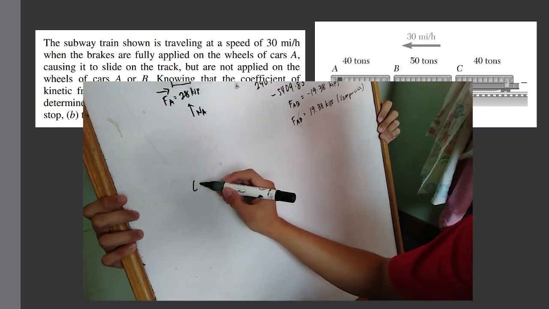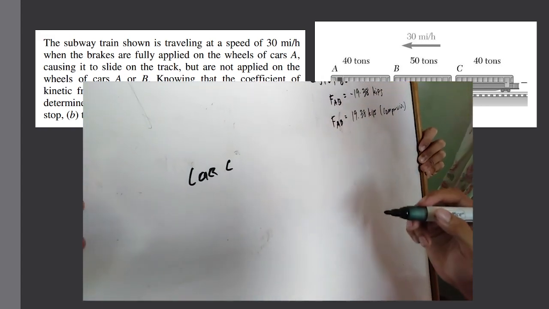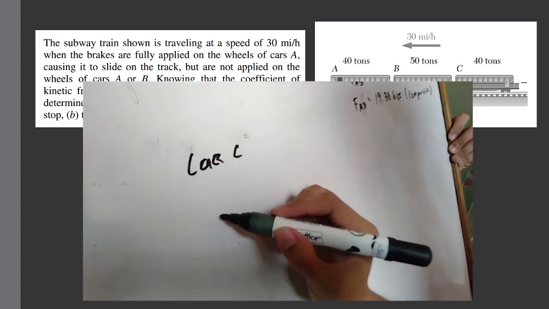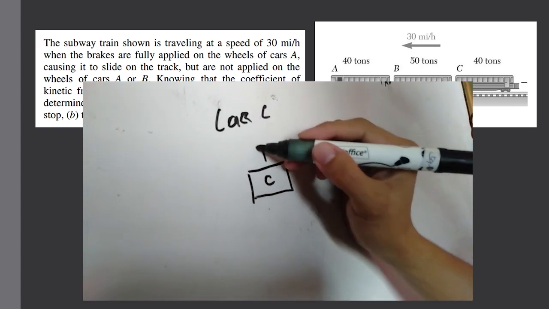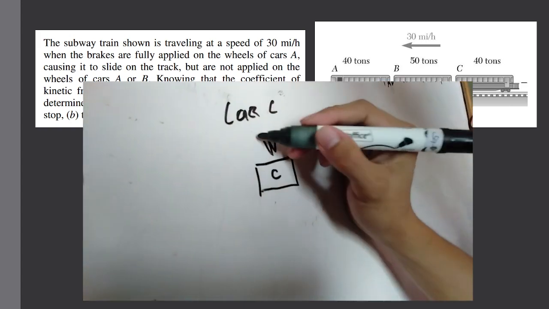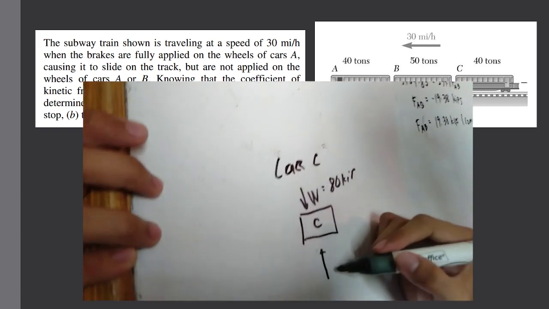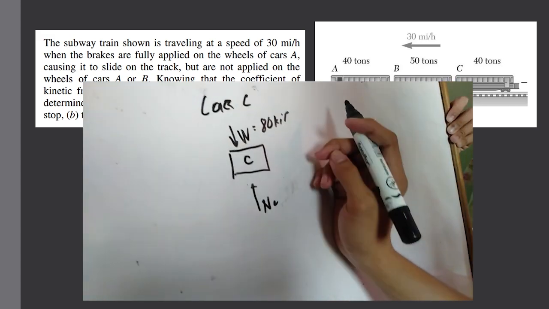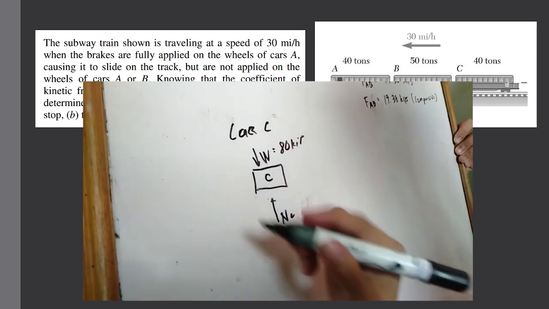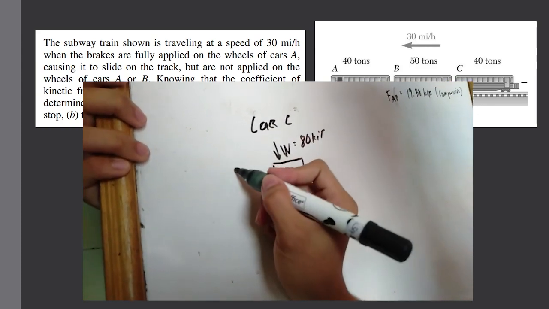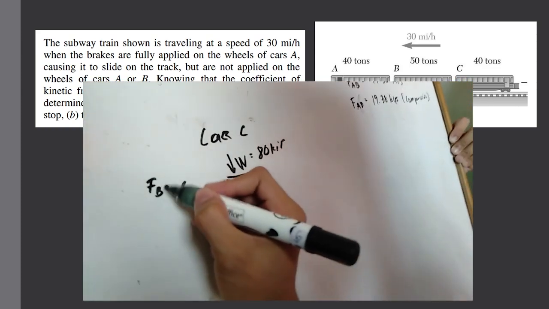for car C, let's draw it, and its weight pointing downward is equal to 80 kip, and NC. Then assume that it is tension, which is FBC.